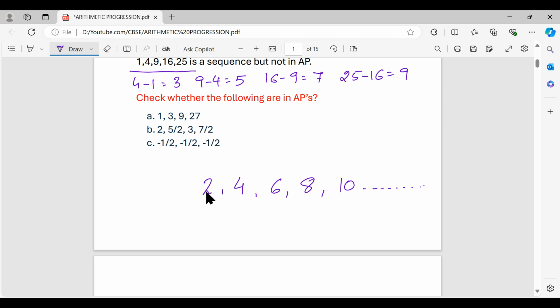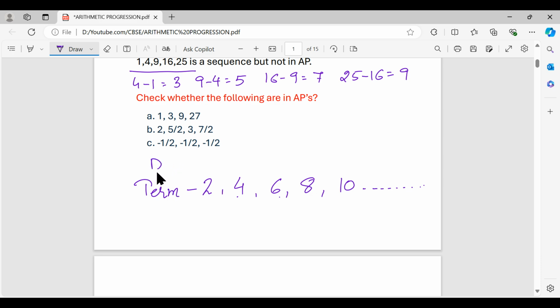So 2 is a term of this sequence. 4 is another term of this sequence. 6 is another term and 8 is another term. So I cannot keep on saying this is another, this is another, this is another. There should be some reference to these things. So that reference is nothing but the position.